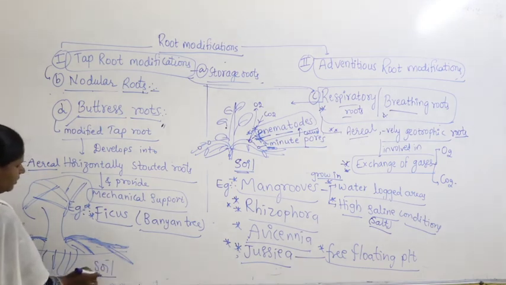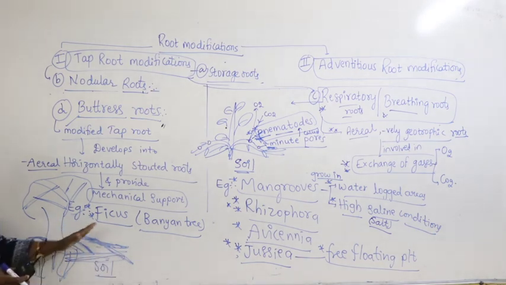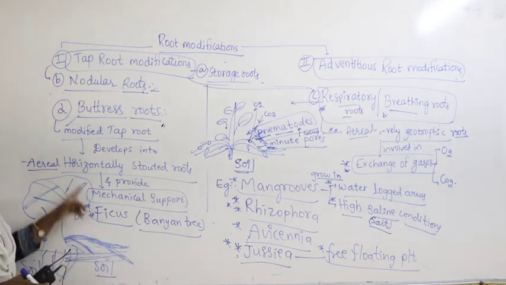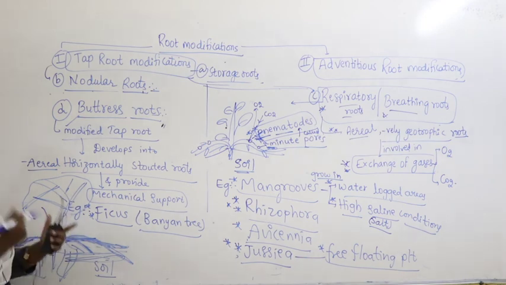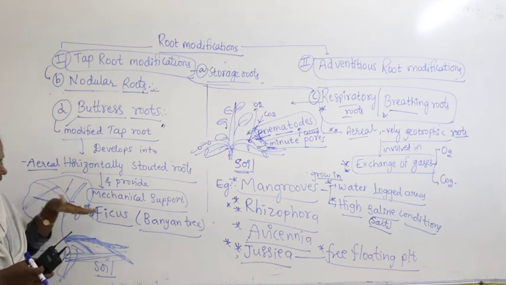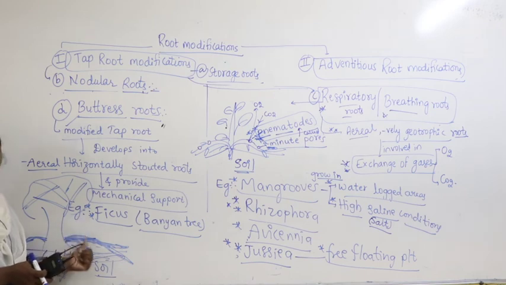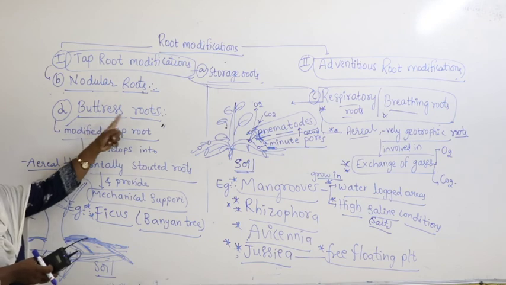They grow aerially and horizontally. Aerial means above the soil, and they are very thick, very strong, very stouted. Stouted means very thick. Horizontal means parallel to the soil. And for what purpose do they grow like this? To provide mechanical support. Such types of roots are called buttress roots.